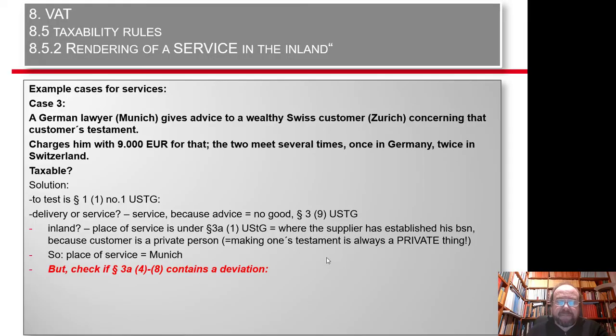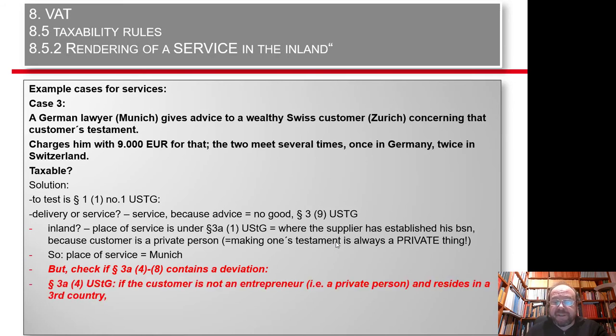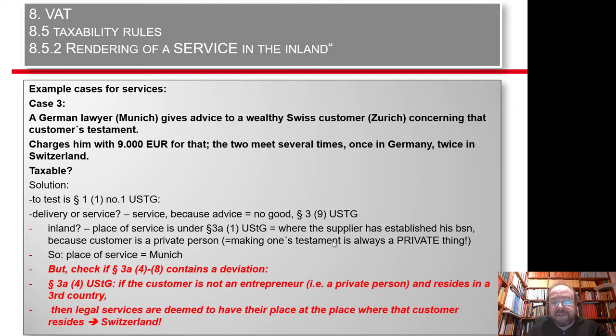So let's check. We did it, and we found out the place of supply of that service is Zurich, because the customer is not an entrepreneur but a private person here. Legal services are deemed to have their place at the place where that customer is. 3.4, number 3, that was, and that's Switzerland, and so this is not in the inland, so not taxable in Germany. Yeah, surprise.